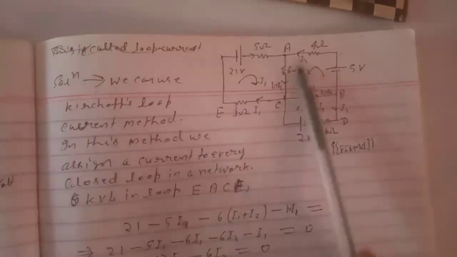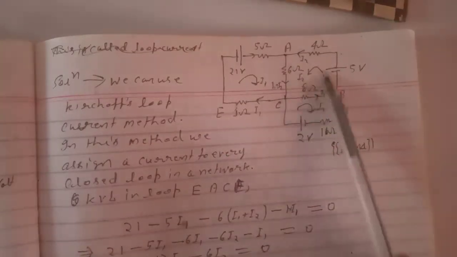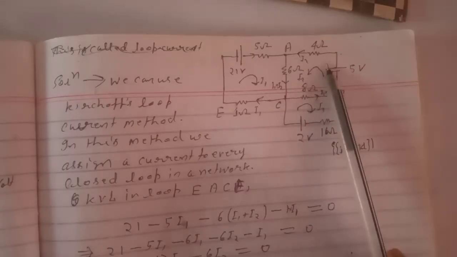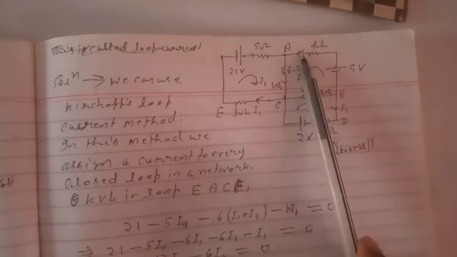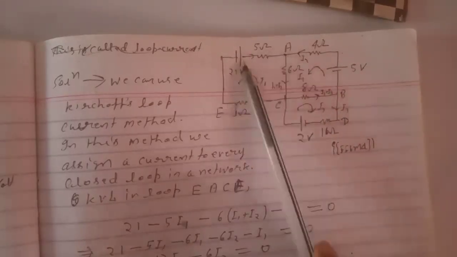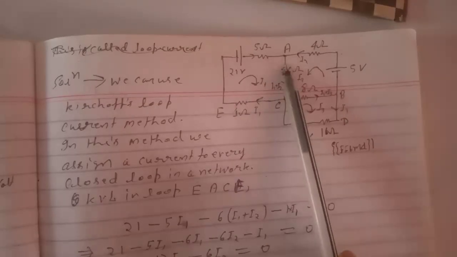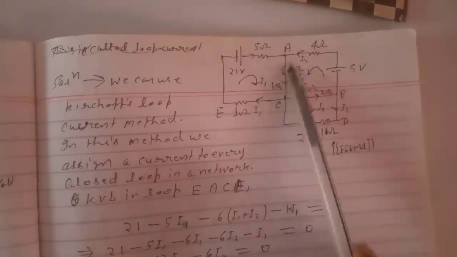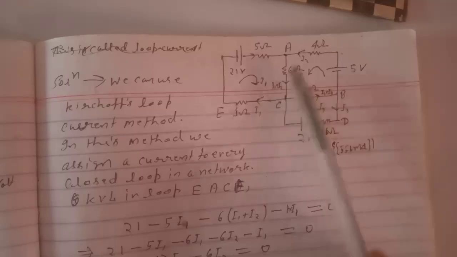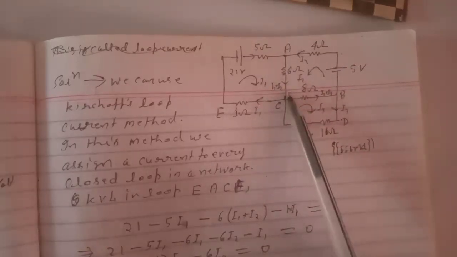In this loop we have assumed I2, so in this I2 current is flowing. Because I1 current is flowing in this direction, here in this circuit I1 plus I2 current is flowing.